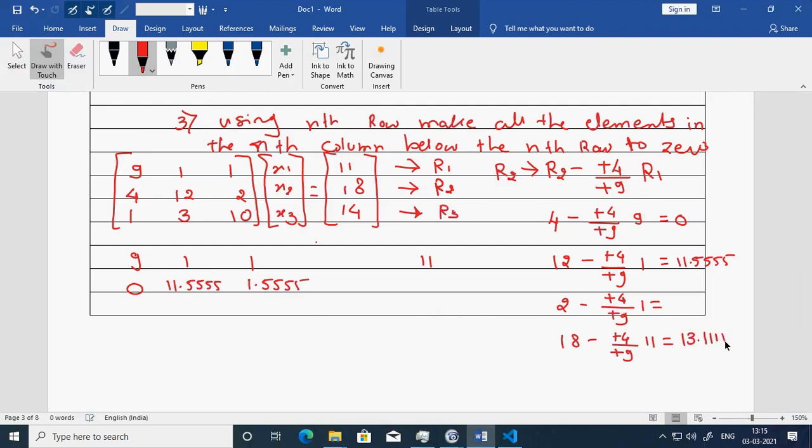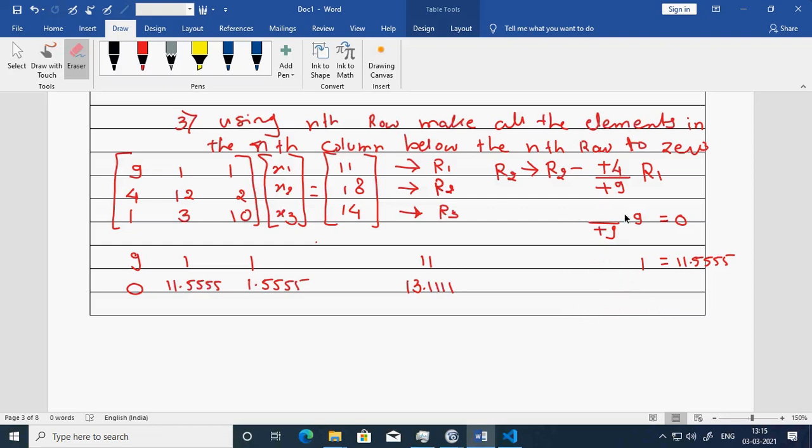So 13.111. So I write this as 13.111. Correct. Great. Okay. So I want to do it on my one page. So therefore what I do, I just erase this stuff. Okay. Great. Now next operation is I want to make this 0.